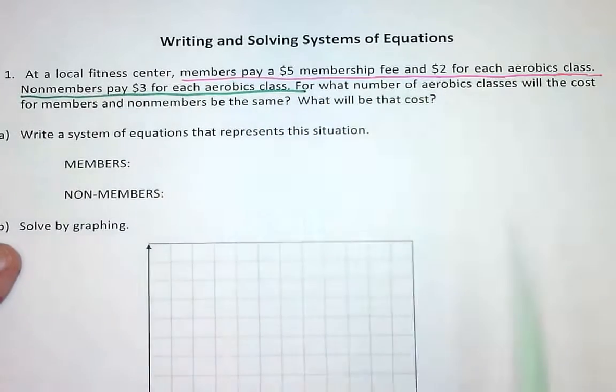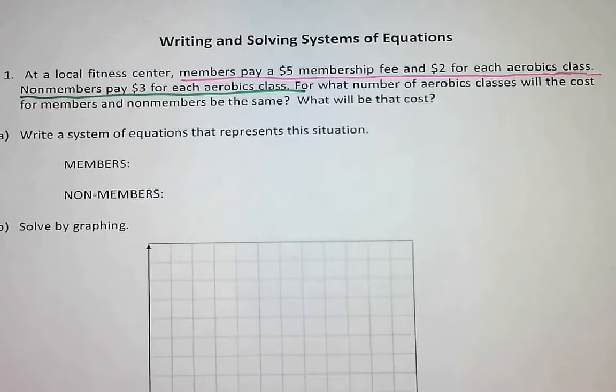So guys, the whole point of a system like this is for us to say, at what point would it be smart for me to buy a membership? Because there's going to be a threshold where it makes more sense for me to buy a membership. How many classes do I need to attend for that to start making sense? This is a very cheap membership. I wish this is how gyms worked right now, but they do not.